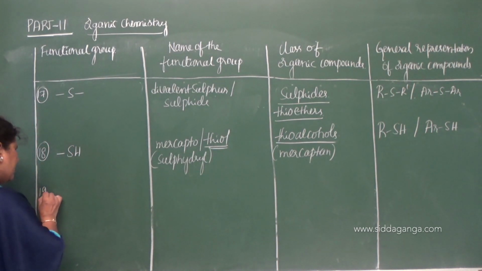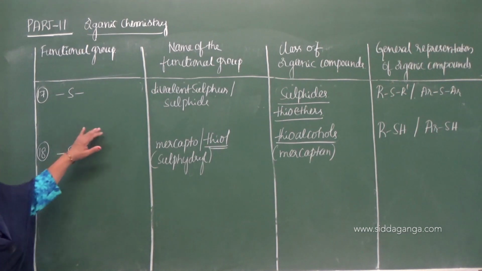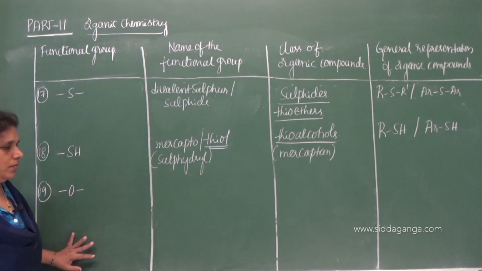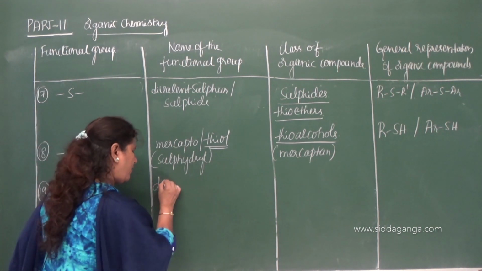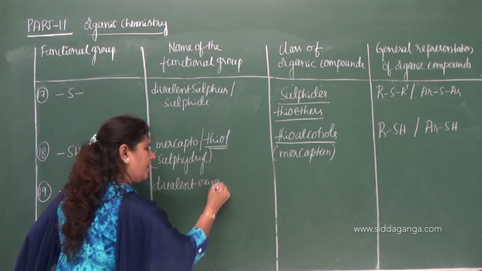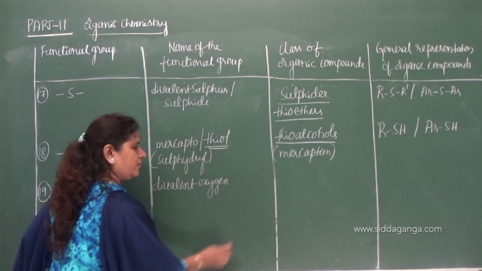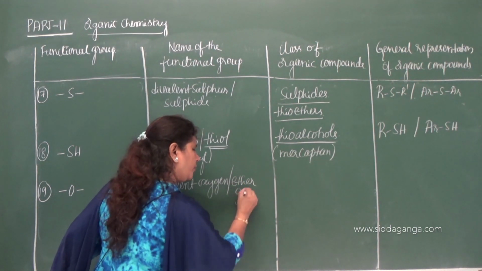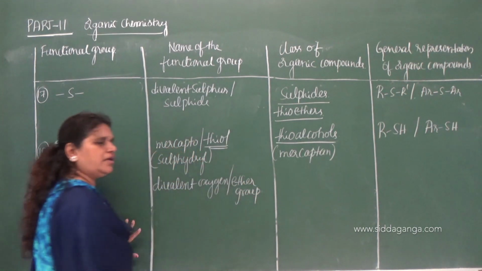Now the 19th one. Alcohol, thioalcohol. If it is O, what is this O? Divalent oxygen, and it is called the ether group.